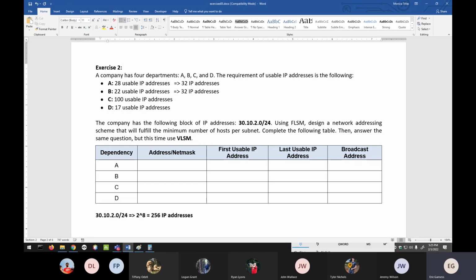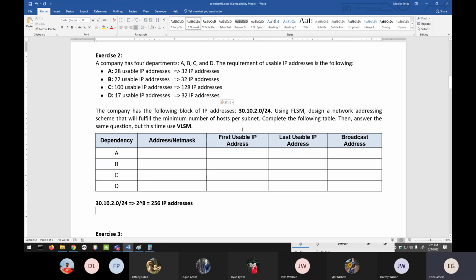How many should I give to C? 128. How many should I give to D? 32 also. Now, if I do that, do I have enough IP addresses? Let's count. I will need 32 plus 32 plus 128 plus 32. This gives me what?